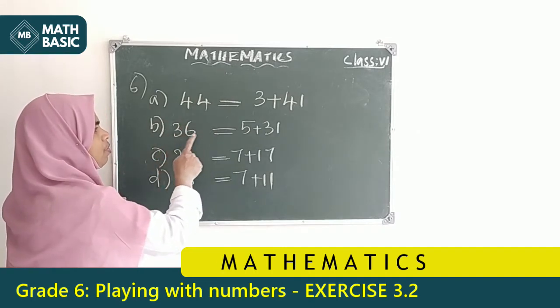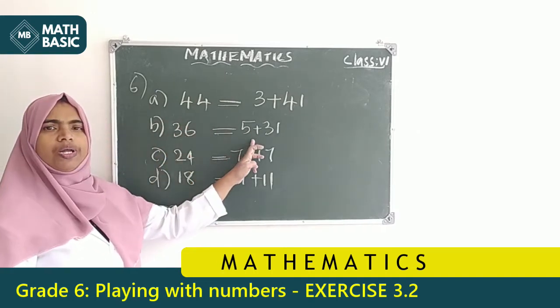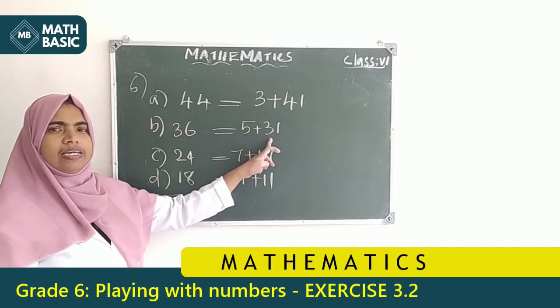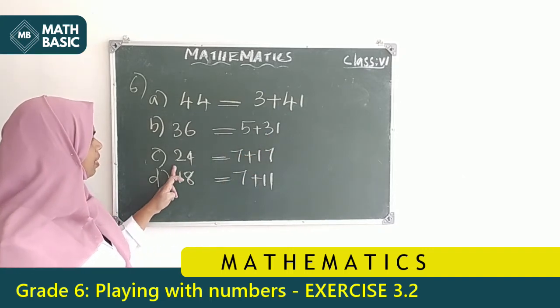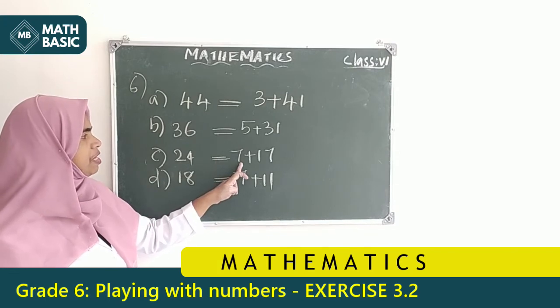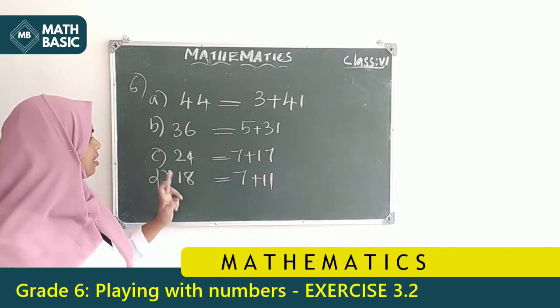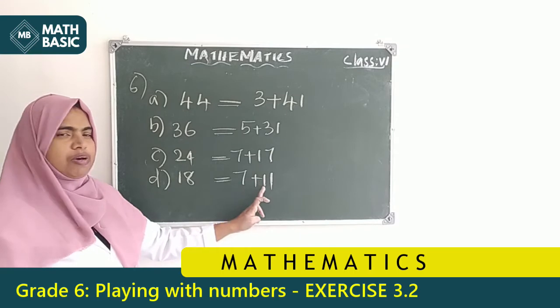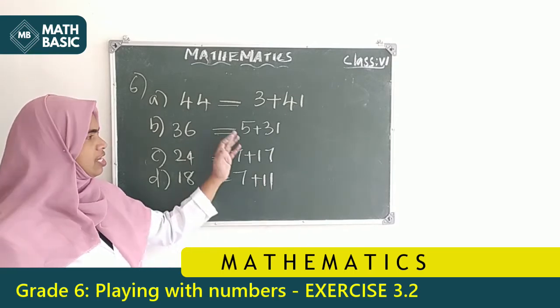Similarly, 36 is 5 plus 31, 24 is 7 plus 17, and 18 is 7 plus 11. Okay, check.